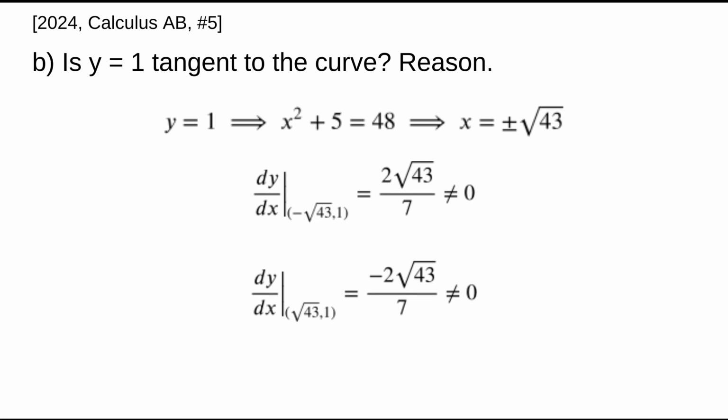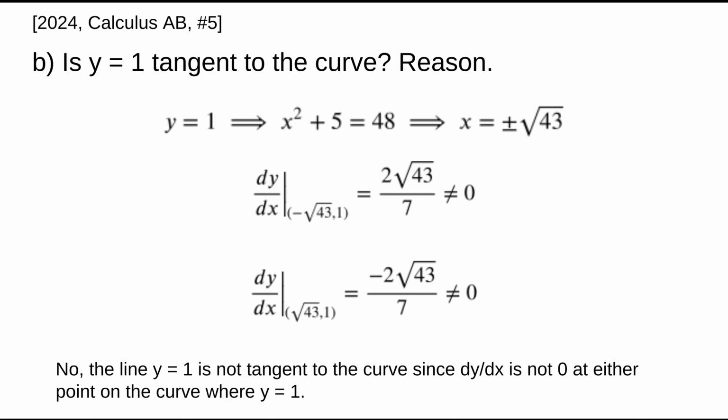So even though there are 2 points on the curve where y is equal to 1, the slope of the tangent line at either of those points is not 0. And so no, the line y equals 1 is not tangent to the curve, since dy/dx is not 0 at either point on the curve where y is equal to 1.